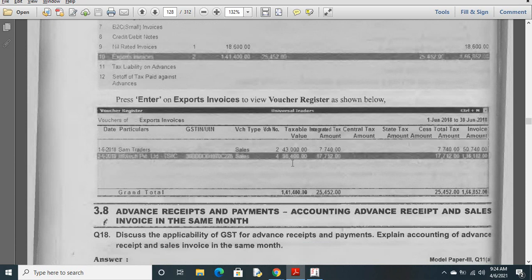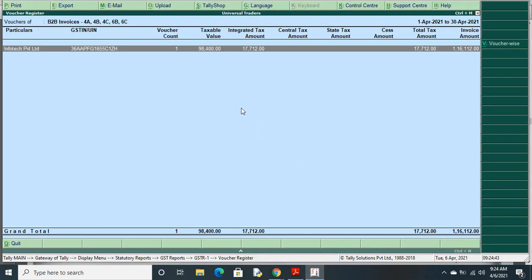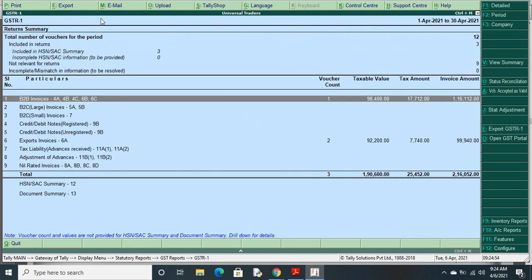Here you can see this Infotech under B2B invoices.